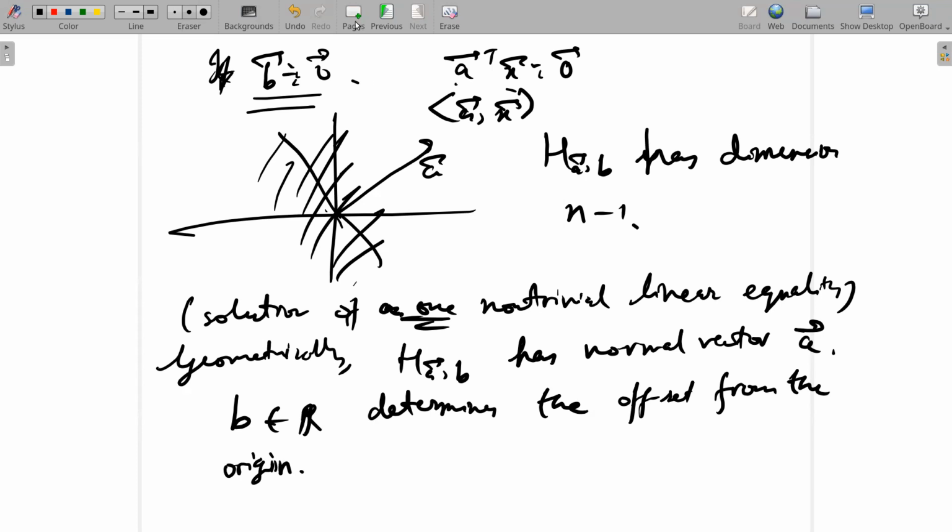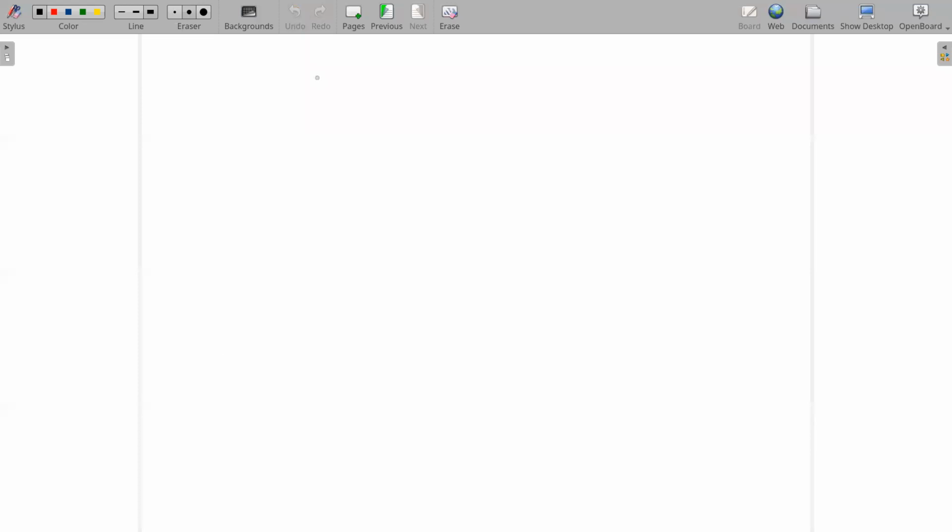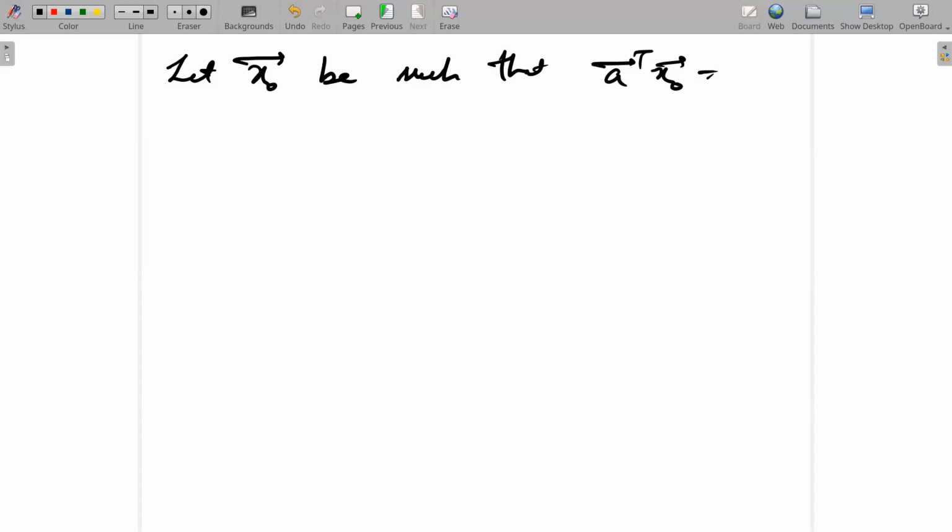Okay, so let's elaborate a little bit more. Intuitively, geometrically, it is clear, but still we have to mathematically show this. Let x naught be a solution to that one non-trivial linear equality. Such an x naught always exists.